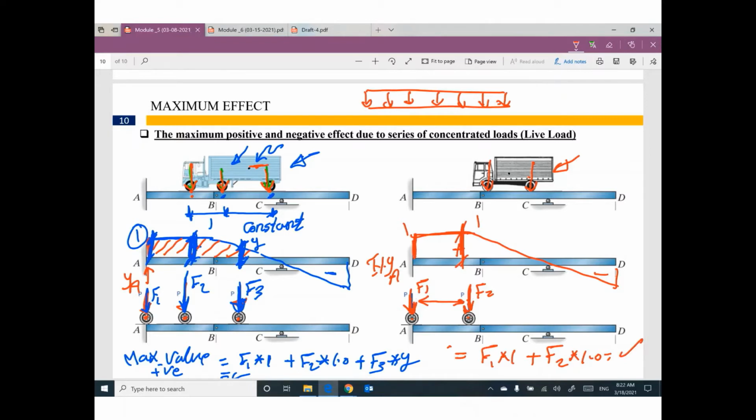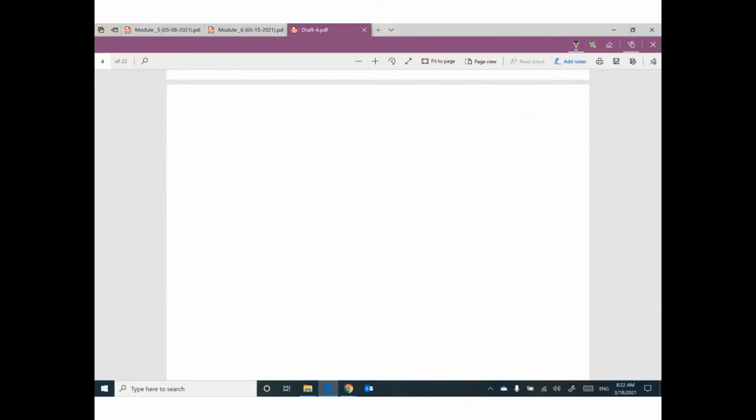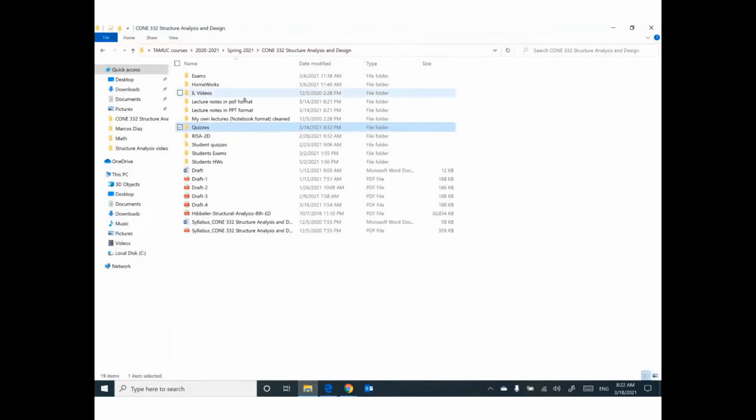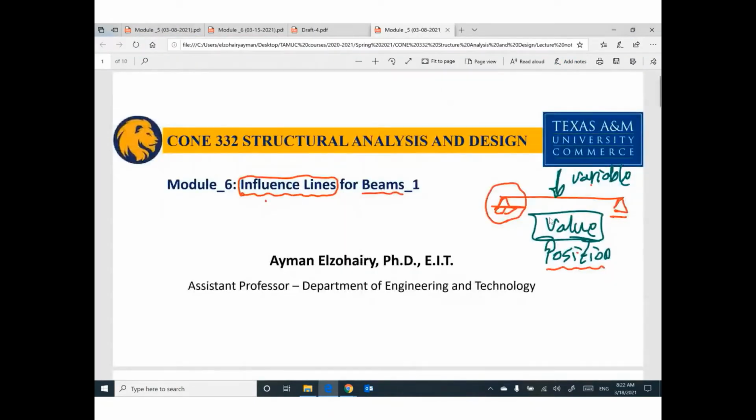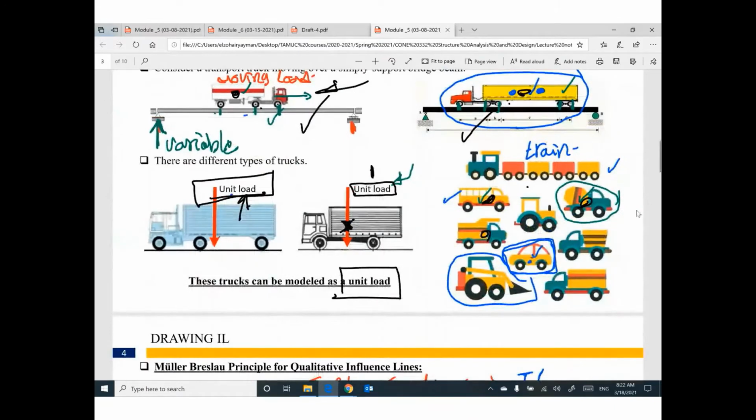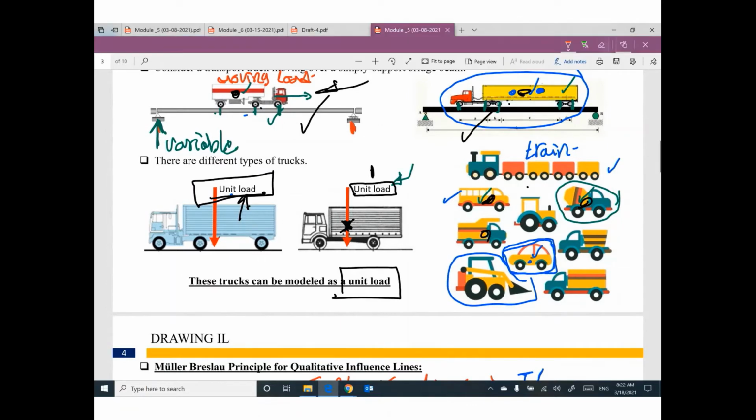So just to give you a hint, if you remember the first meeting with you in this topic, just a reminder, it was this one, I think. I told you we have different types of truck. Which one will I use? I told you we will not use any of them, but we will use unit load.